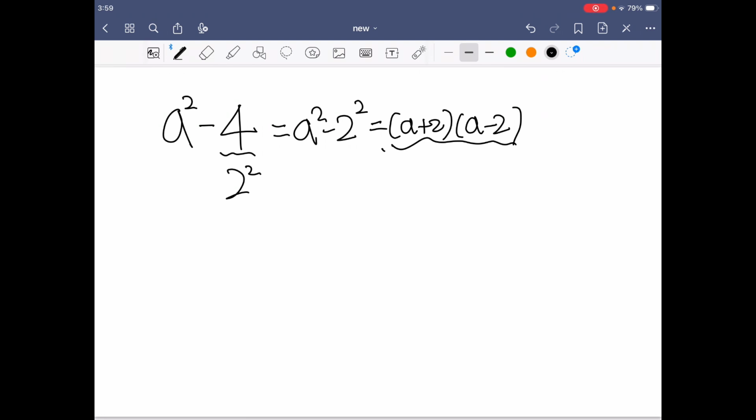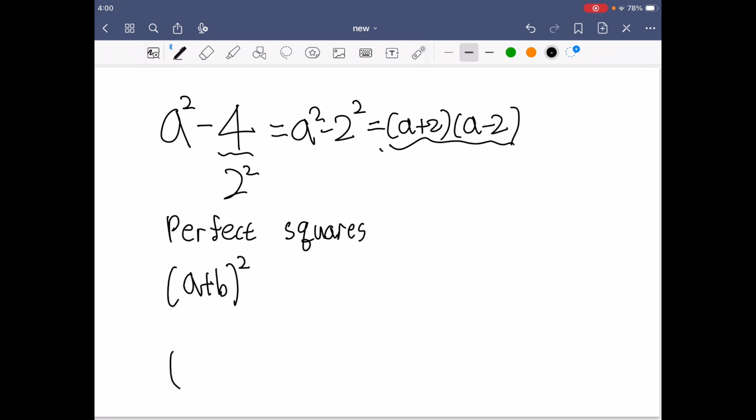Next thing that I want to mention is perfect squares. Examples like a plus b squared, or things like a plus 1 squared. You don't need to freak out when you come across this kind of form. This basically means just a plus b times a plus b.